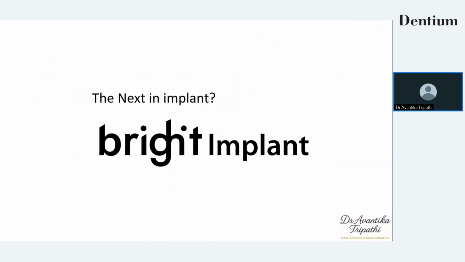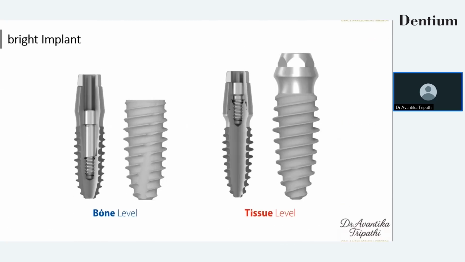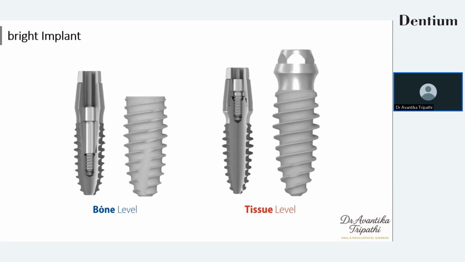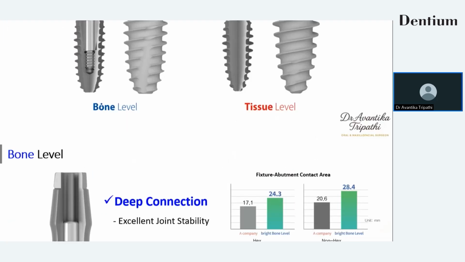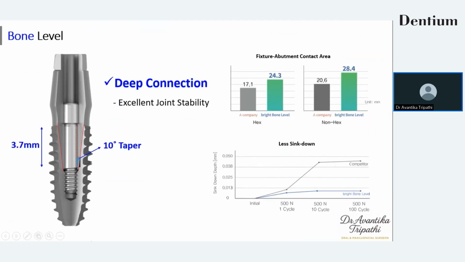So considering all these points, a system was made called the Bright Implant System. Today we are going to discuss all the prosthetic options regarding the implant specifications of this system. It is mainly of two types, bone level and tissue level. Bone level implant has an internal hexagonal connection.